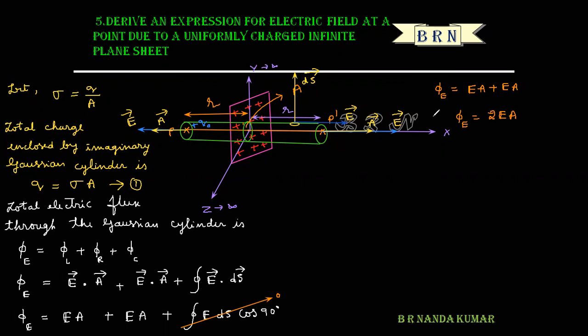Okay, so now we have to apply Gauss's law. What is the statement of Gauss's law? The total electric flux through any closed surface is equal to 1 over epsilon naught times the net charge enclosed by the closed surface. Call this equation number 3. This is equation number 2.